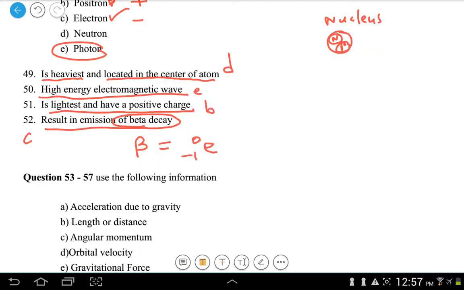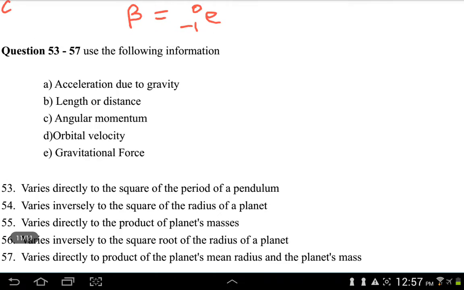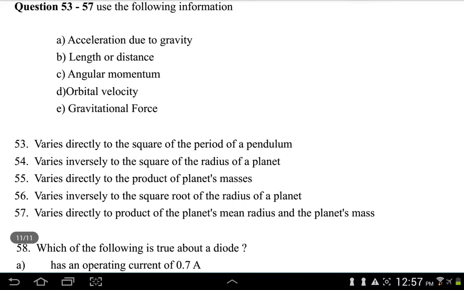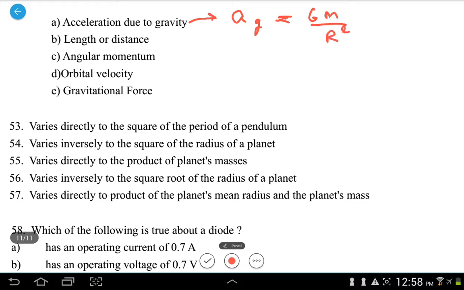All right, let's see number 53 to 57. To do these questions, if I see something like this, I may write out all the formulas, because I know the formula for acceleration due to gravity is a_g equals GM over the radius of the planet squared.